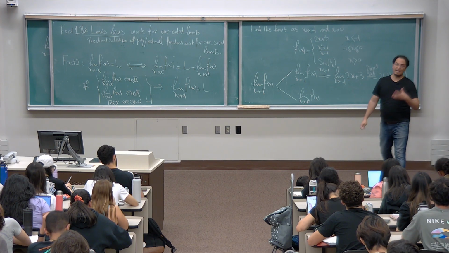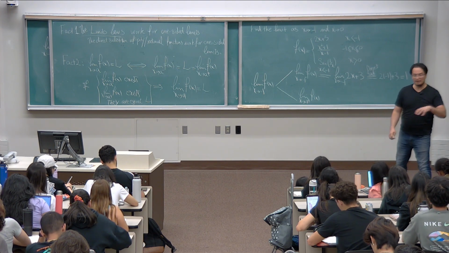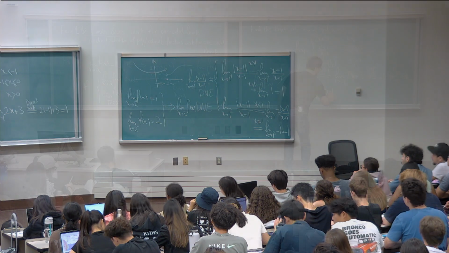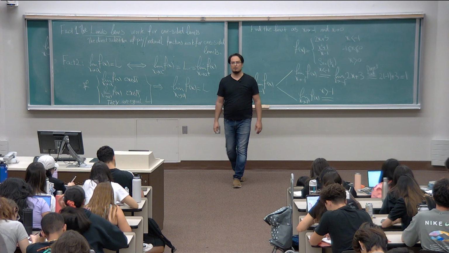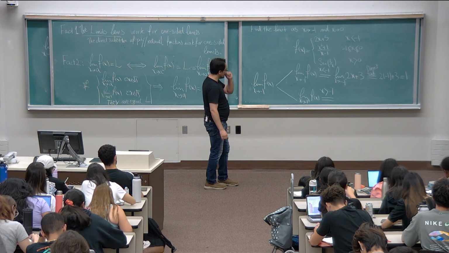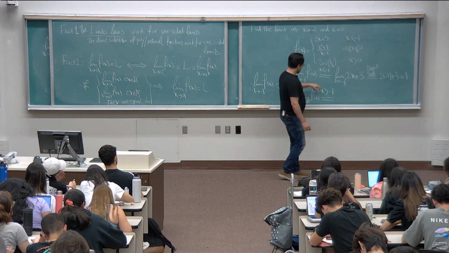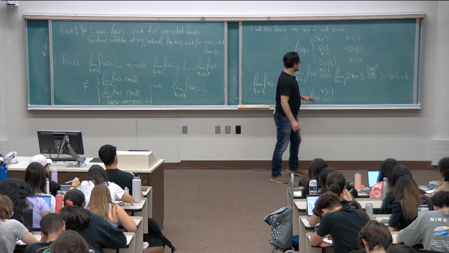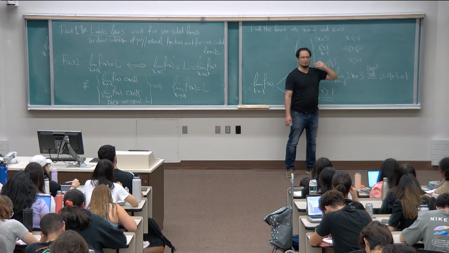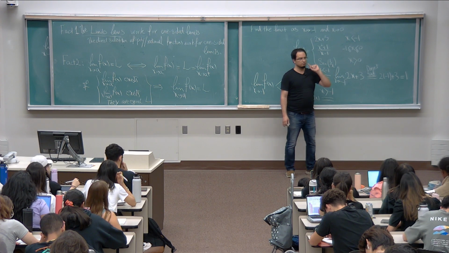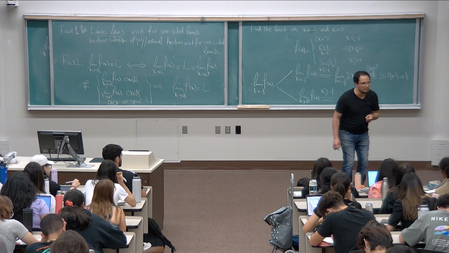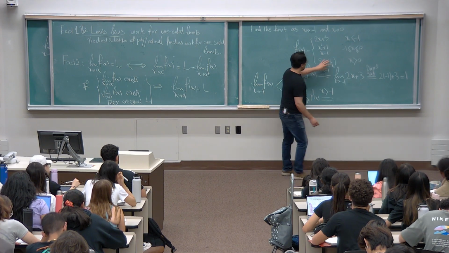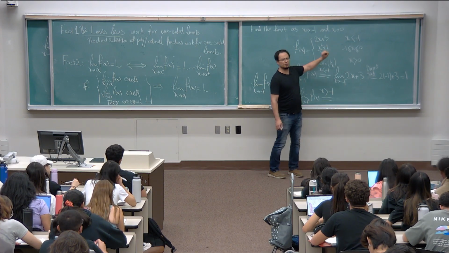I'm not done. I have to check the right limit as well. So in this case, I'm working with x bigger than -1. Wait a minute. If x is 2, can I still say that x is bigger than -1? Isn't 2 bigger than -1? It is, yes? But then that means that I can either use this one or that one.